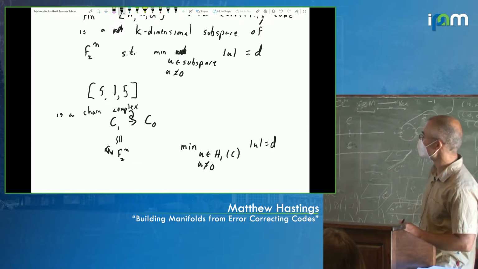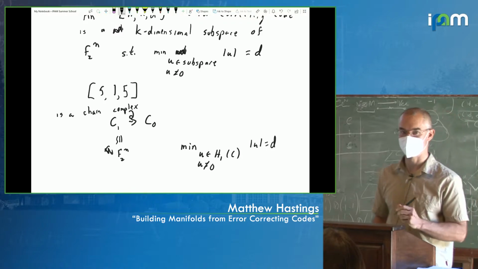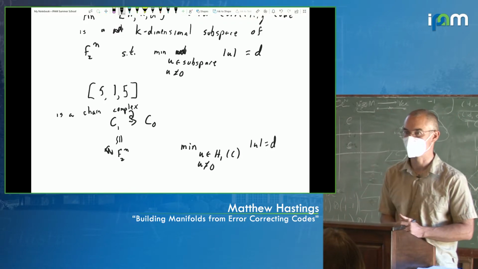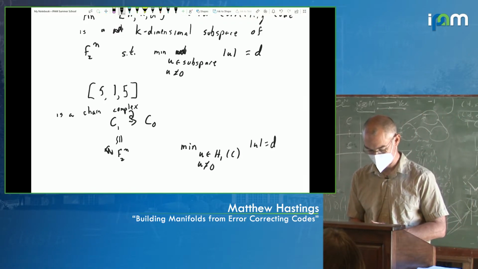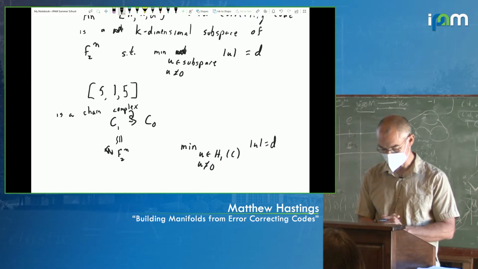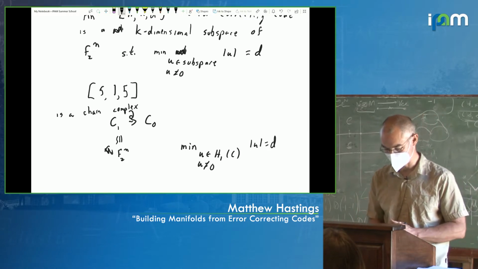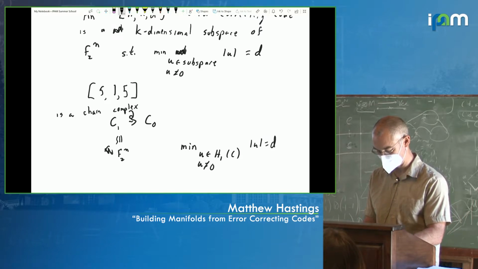This boundary map from C1 to C0 just enforces the constraint that you're in this subspace. That's just an equivalent way to say it. Oh, and k is the dimension of this H1.